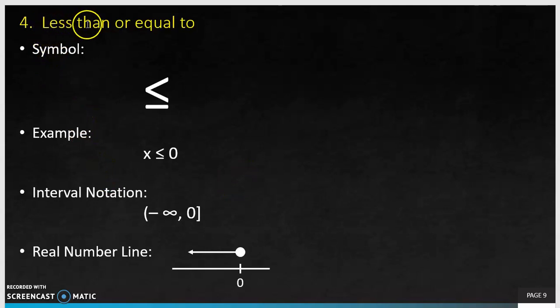Finally, we look at less than or equal to. Here is the symbol less than or equal to. For example, x less than or equal to 0. So x can be 0, -1, -2, -3 until negative infinity. This is more or less like example 3 before this slide.